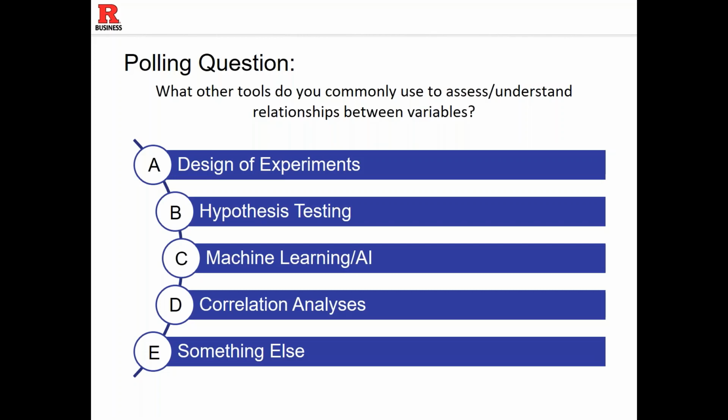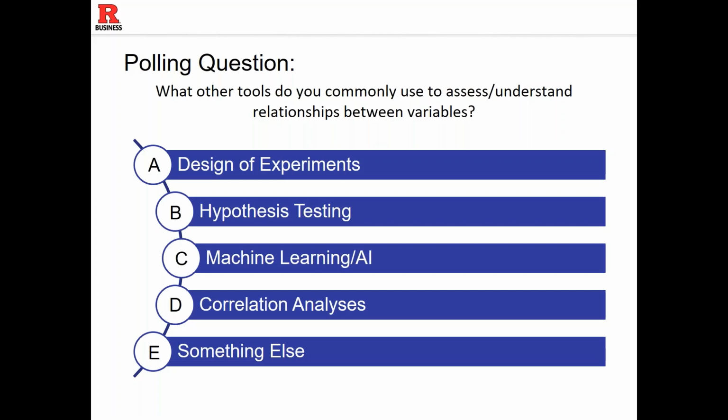But design of experiments, I think, is a really popular one. If you're able to execute experiments on your production line, that's great. And I think one of the biggest hurdles to doing things like this is really the cost of running an experiment. Sometimes these could be cost prohibitive.